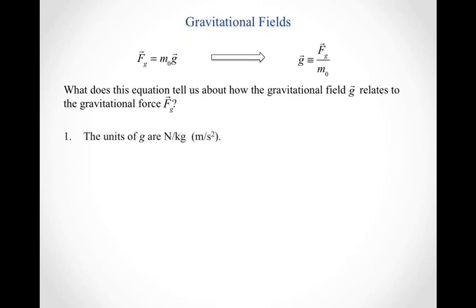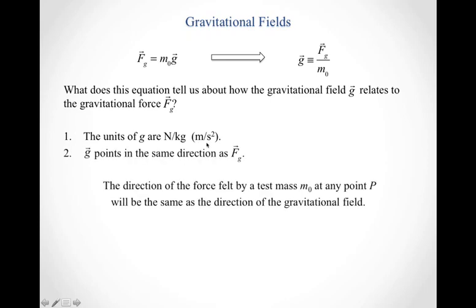So what does this equation tell me about how the gravitational force and field relate? Well, the first thing that I can get out of this is the units of g. They've got to have units of force divided by units of mass, so that's newtons per kilogram. But of course, since a newton is a kilogram meter per second squared, if I divide out the kilograms, I'm left with meters per second squared. So part of why we've referred to little g as the gravitational acceleration all semester long is because that's what its units are. The other thing, of course, is that this tells me that the gravitational force and the gravitational field point in the same direction.